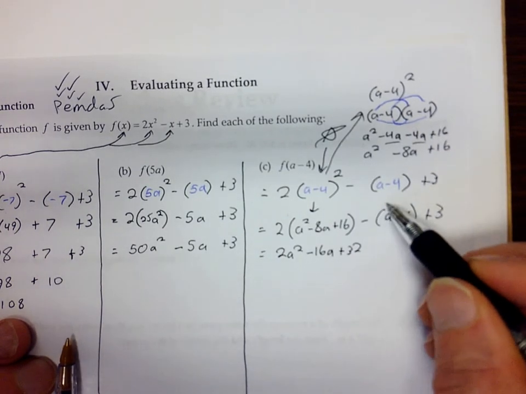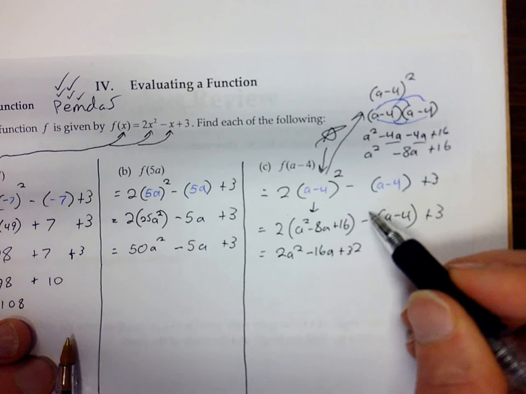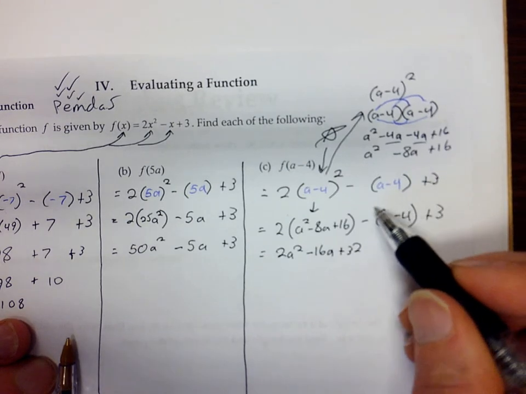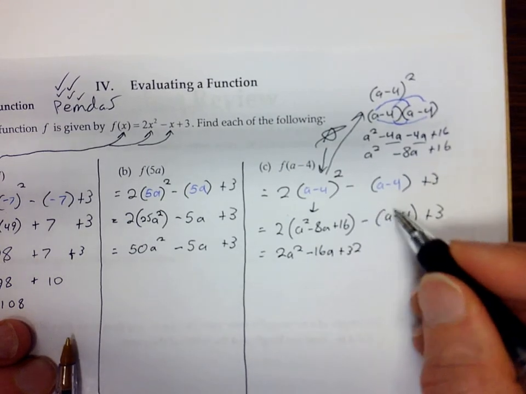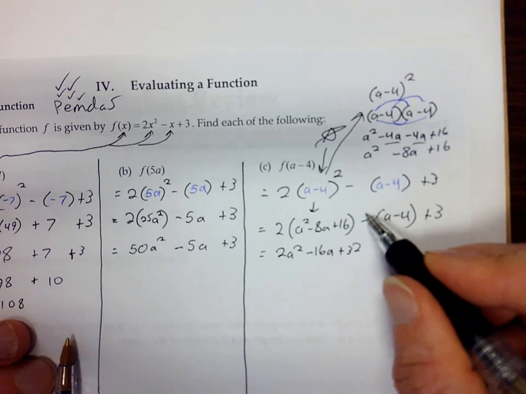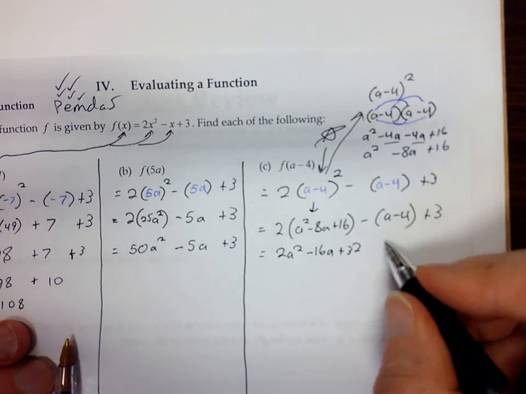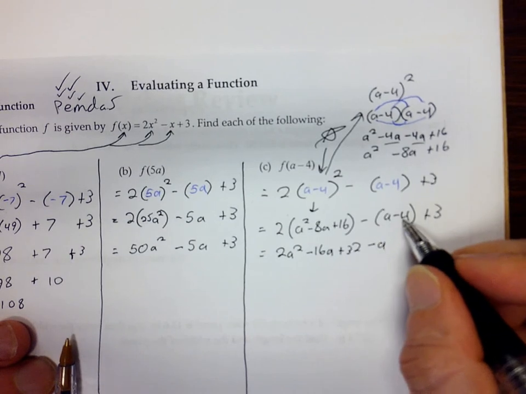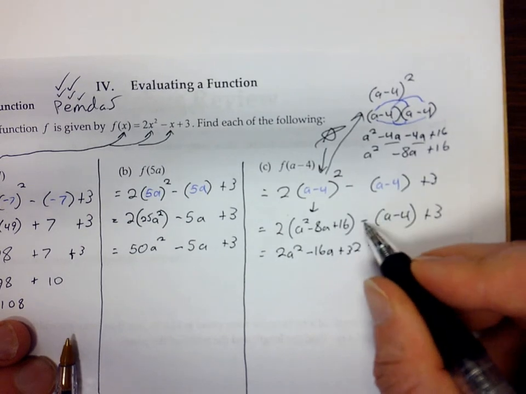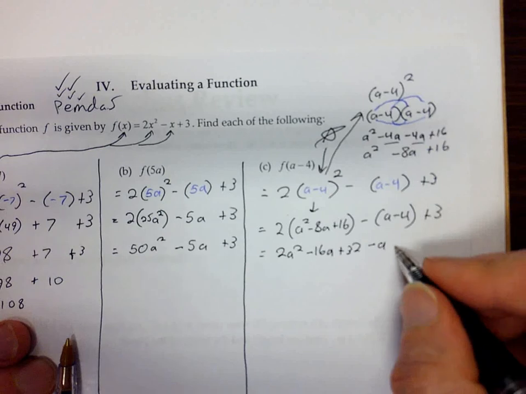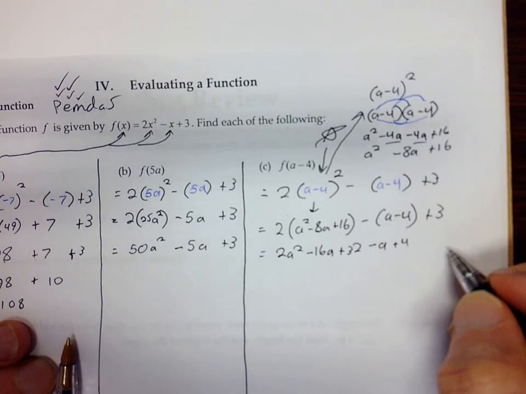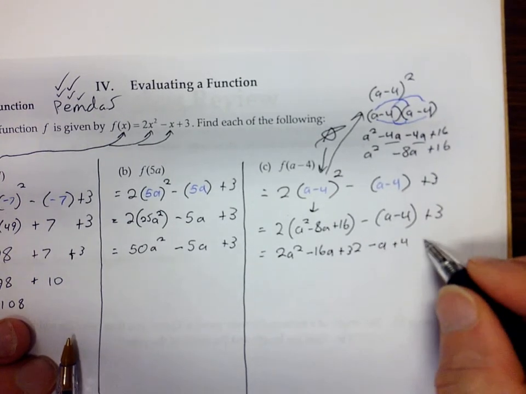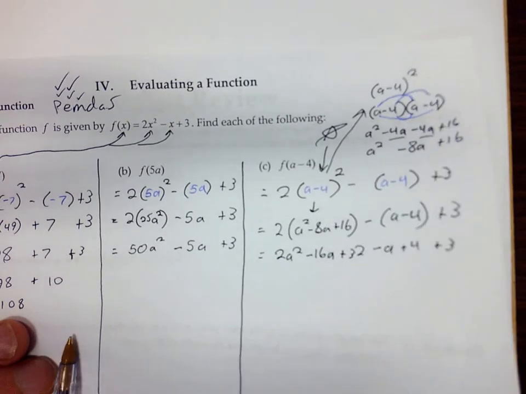Next up, one of my favorite things to drill y'all on: you've got a minus here in front of this. You've got to distribute that minus to both terms. So the positive a becomes a negative a. We had a negative 4. Minus that negative 4 gives you a plus 4. And this poor old 3, we just keep on carrying down.